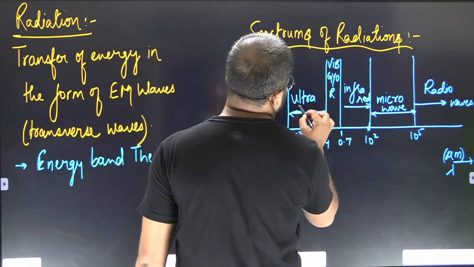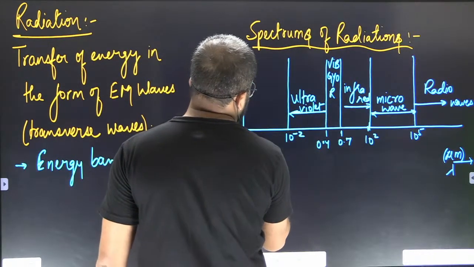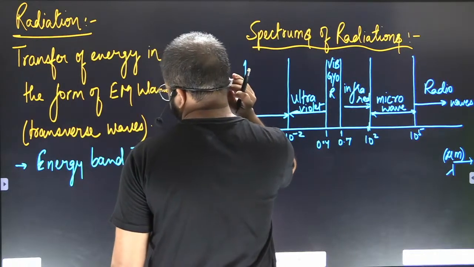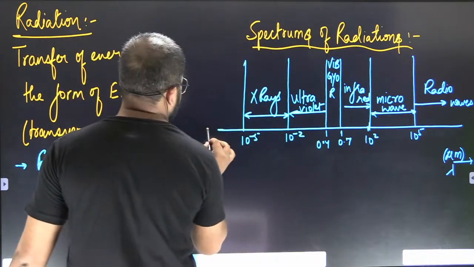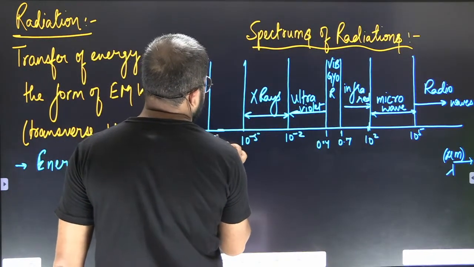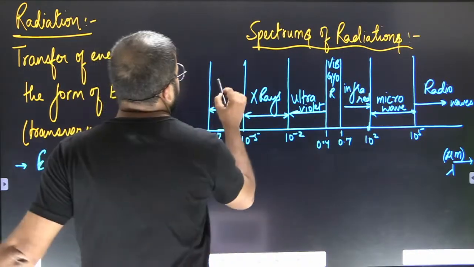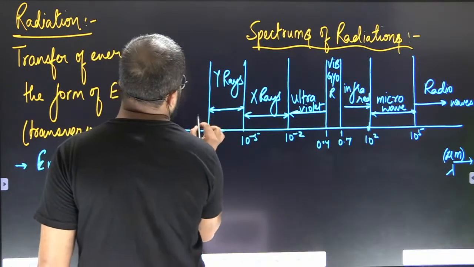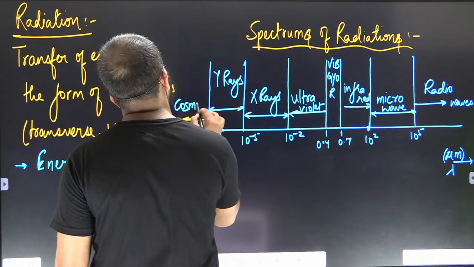Ultraviolet. Then 10 to the power minus 5, you have X-rays. Furthermore, 10 to the power minus 7, minus 8, something like that, it's an overlapping range somewhere. And then you have gamma rays. And there you have cosmic rays. Cosmic rays are the most dangerous forms.